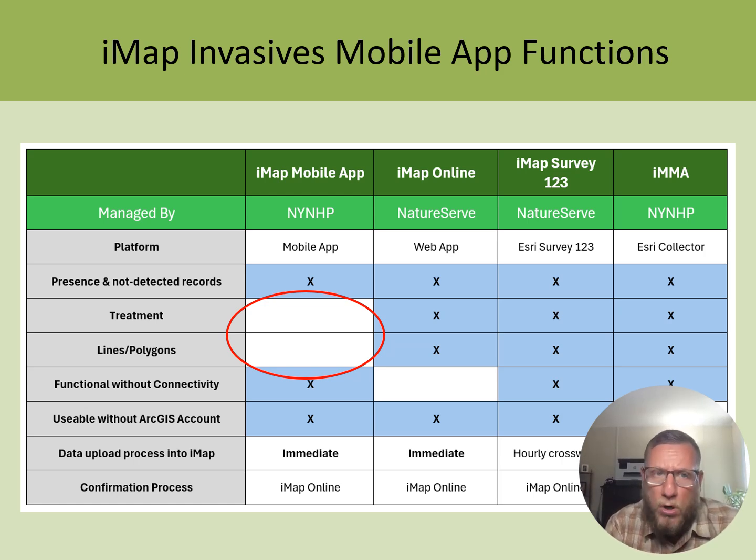But if you want to do something more advanced, like record treatment options and create lines and polygons on your map for larger infestations and things like that, you really need to be on the iMap Online, so basically with connectivity on your browser, whether that's your desktop or your tablet, or you can move into the iMap Survey 123 app, which is basically a more advanced mobile app. And as you can see there, the two mobile apps function without connectivity, while the desktop or the browser online version, you do need connectivity.